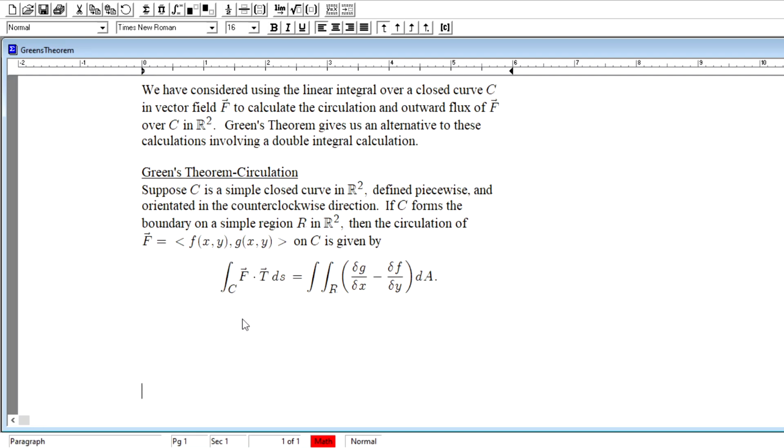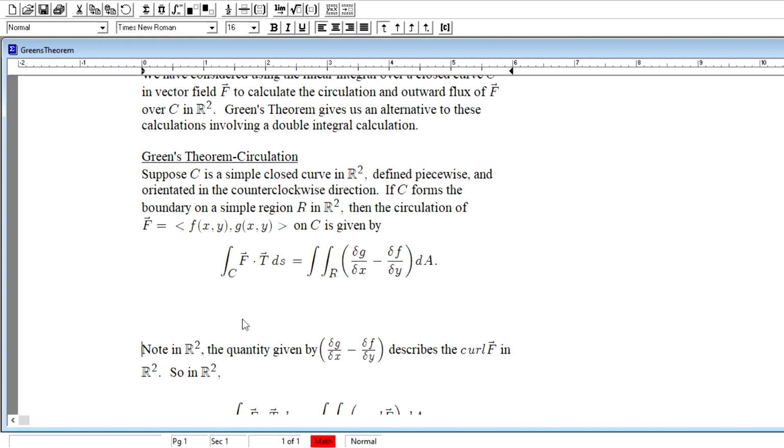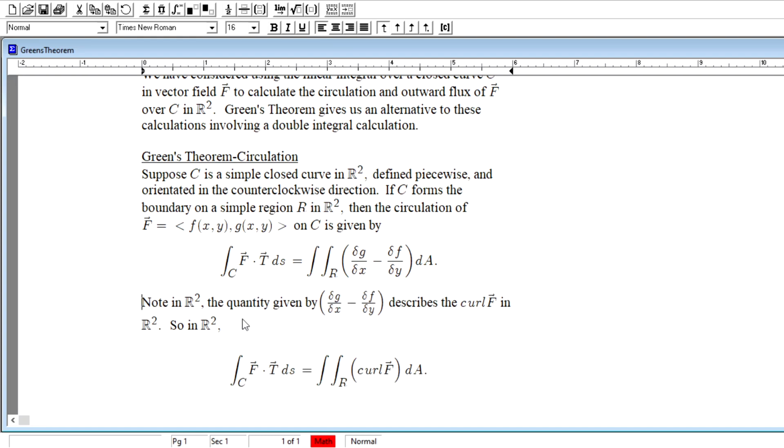And we do make formal note of that in our theorem here. We note in R2 that this quantity given by the integrand, the partial of G with respect to x minus the partial of F with respect to y, is a description of the curl for this vector field at every single xy coordinate in that field, right?